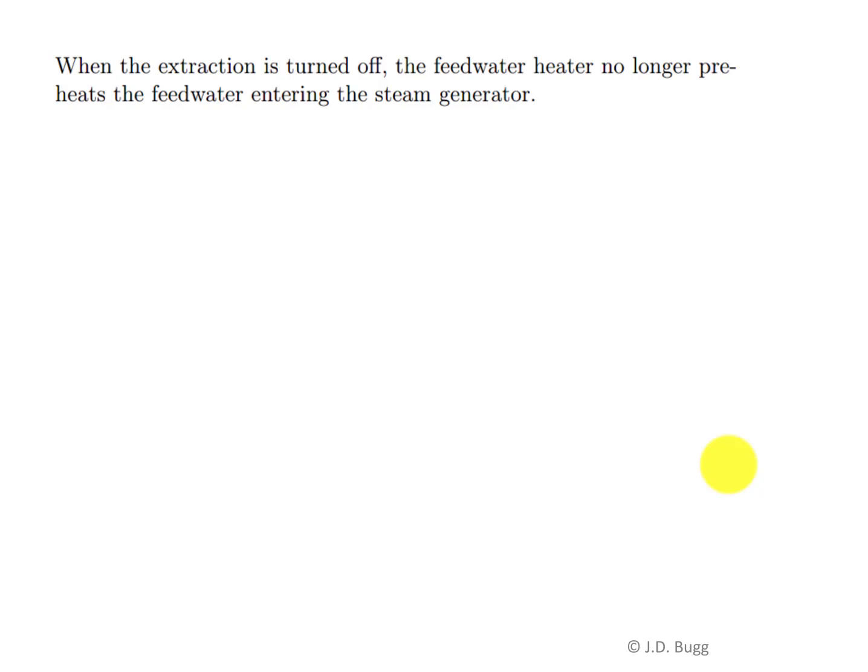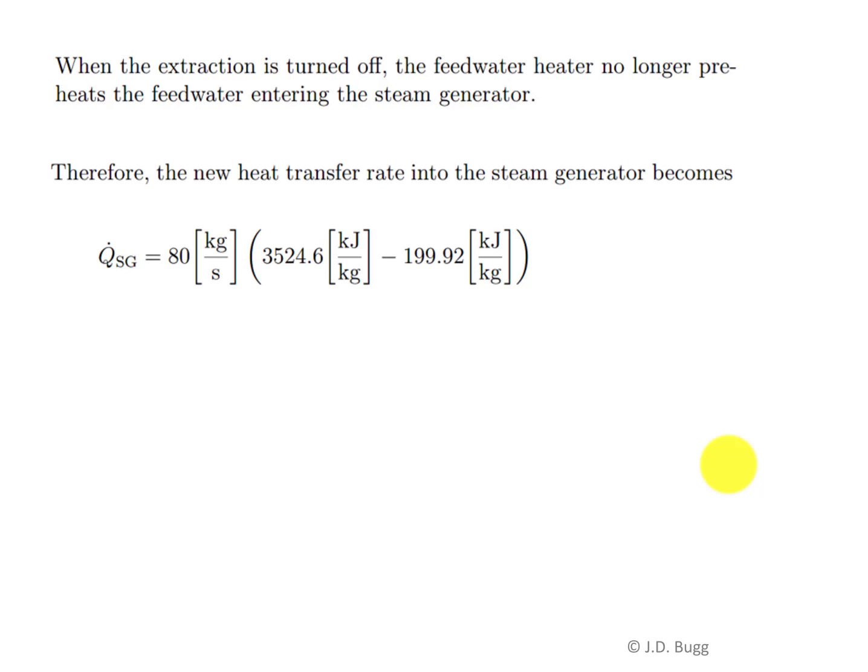So as I said, when the extraction is turned off, the feed water heater no longer preheats the feed water entering the steam generator. So we redo that calculation, and the difference now is this number is a lot lower. If you go back, you'll see that this is the value of H2. So essentially we've set H2 equal to H3.